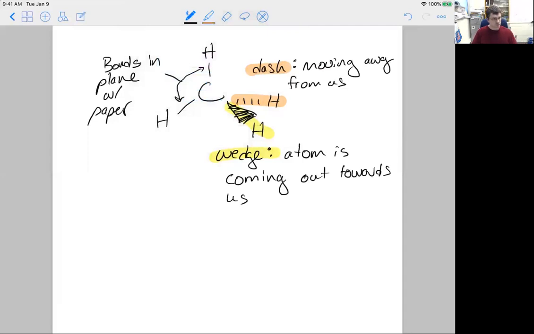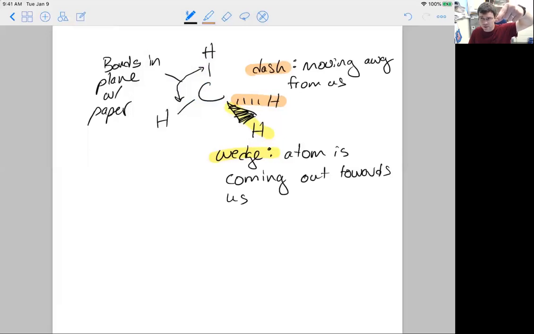Okay. So it's kind of like this. So I've got my finger, the wedge is coming out towards you, and the thumb is going away from you. So my thumb is my dash pointing away. My wedge is my finger pointing towards you.